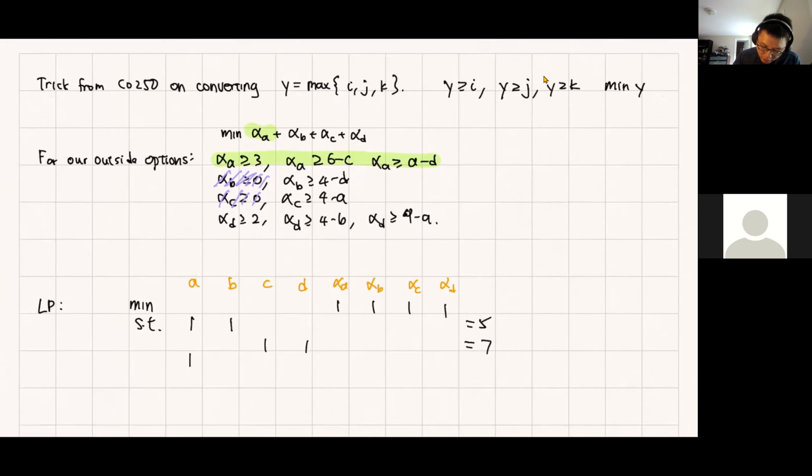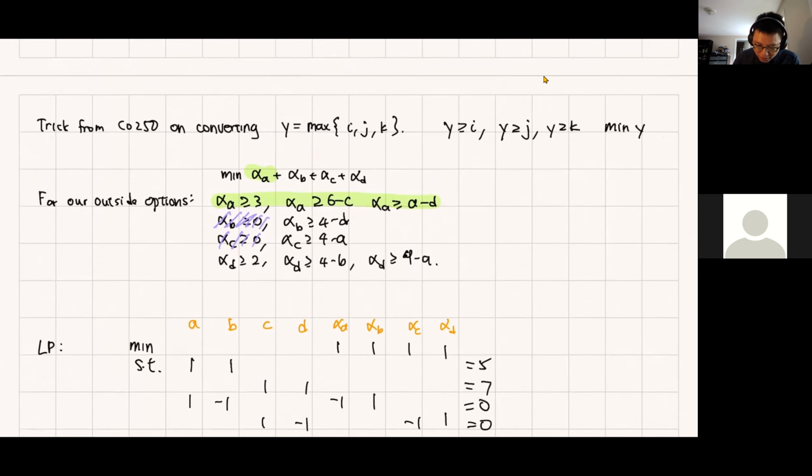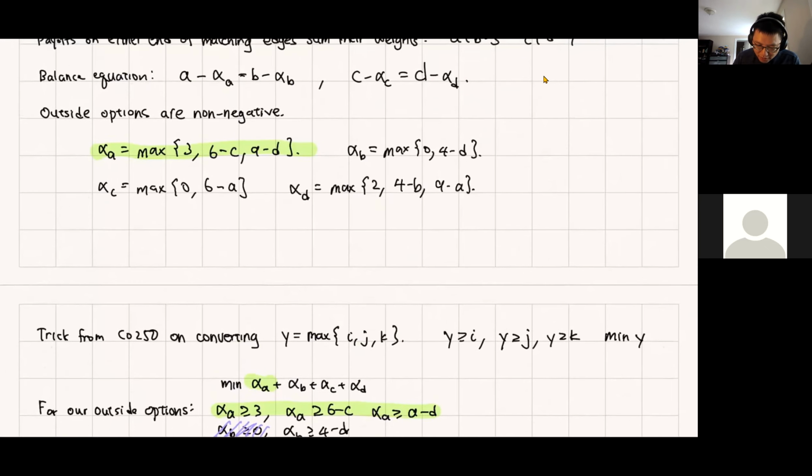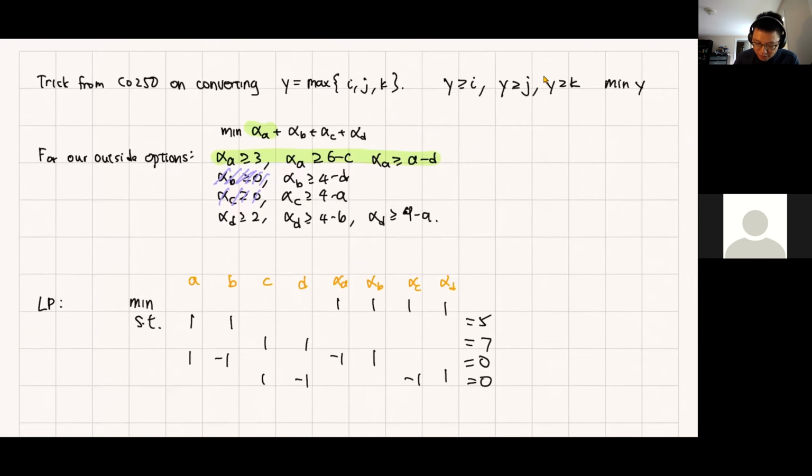Similarly for C and D: C minus alpha C minus D plus alpha D is equal to 0. I'm hoping that I didn't make any mistakes. Okay, that's good.